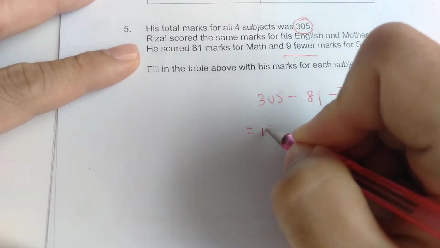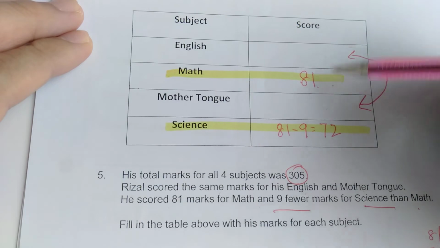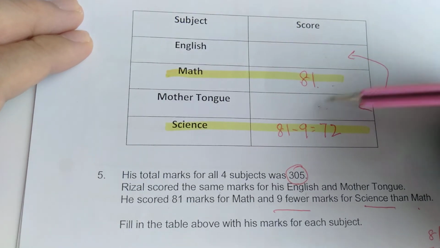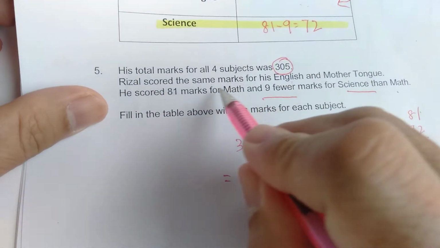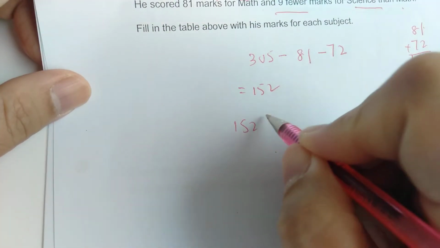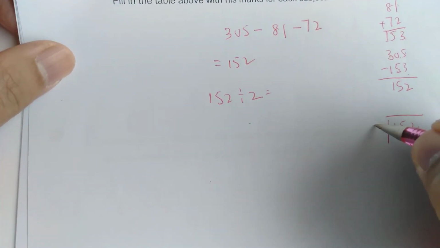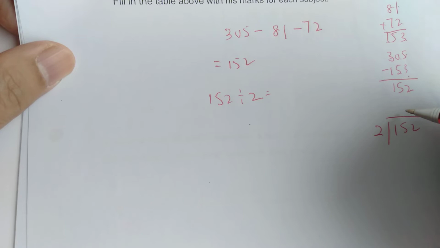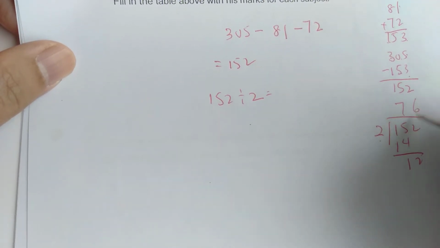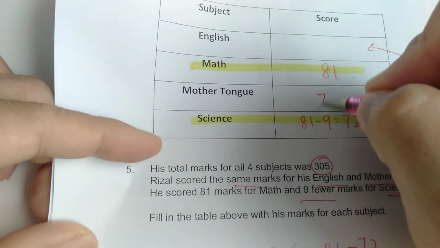So I have 152. These will be the marks for both English and Mother Tongue. But I do not know what is the individual score. But I know this. He scored the same for English and Mother Tongue. That means if I divide this by 2, alright, I will get the marks for each of the subjects, English and Mother Tongue. 2 times 7, 14, 2 times 6, 12. So I have 76 here.